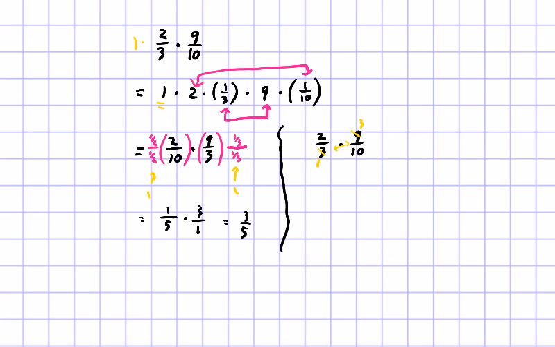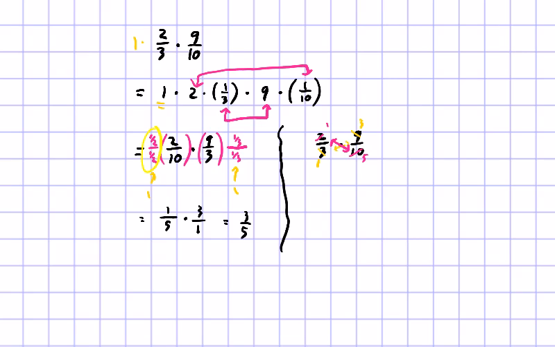Now we can turn around and do a similar thing with the 2 and the 10. We can associate those, and they're both divisible by 2. So if we divide the numerator by 2, we're left with 1, and if we divide the denominator by 2, we're left with 5. Note we divided both things by 2, so we're really doing exactly what we had over here and using the multiplicative identity.